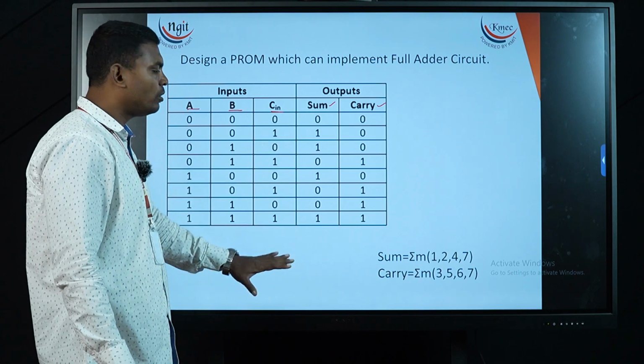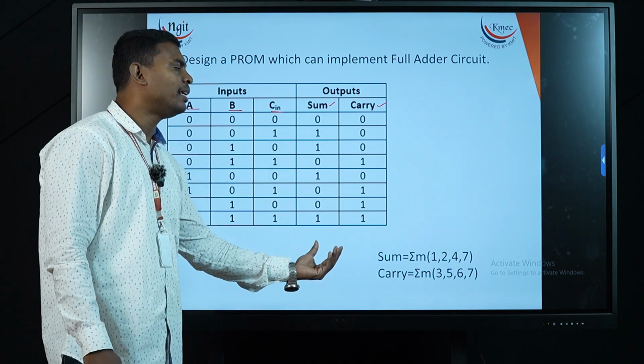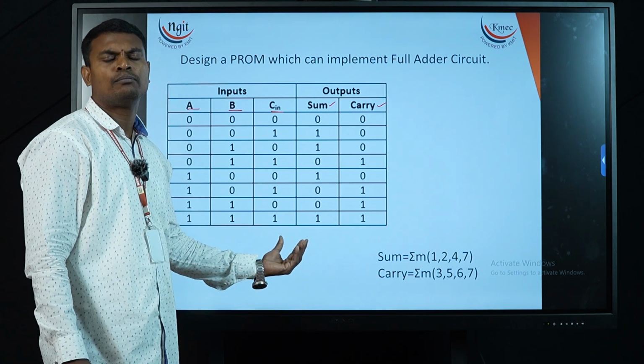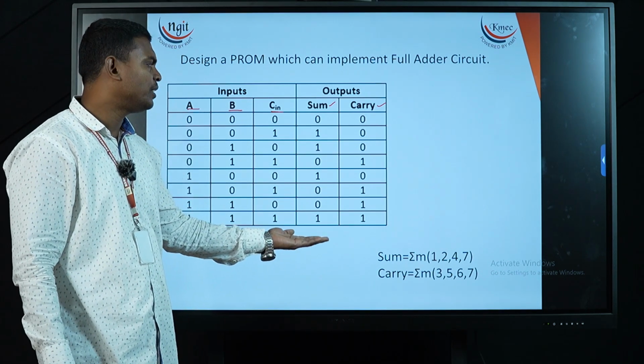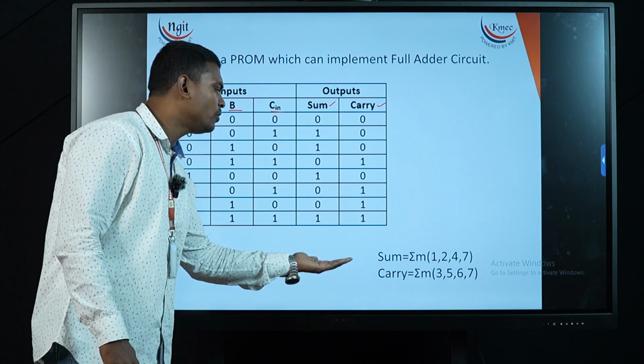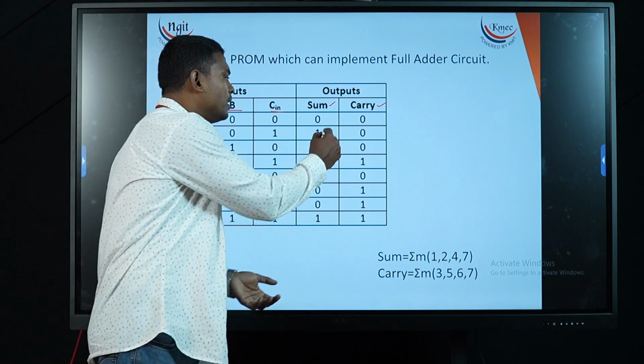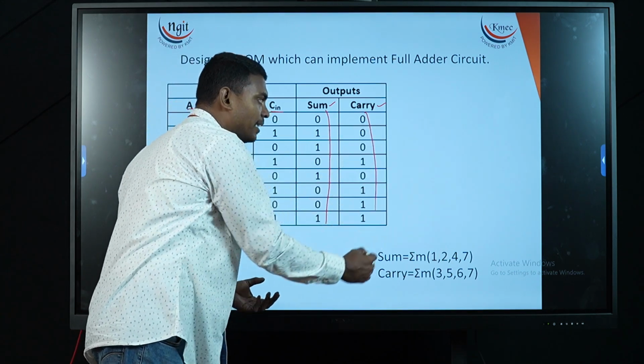Now you know how sum and carry are generated. We have already seen this in combinational circuits, in both half adder and full adder. Based upon this table, I am collecting all my minterms of sum as well as carry.